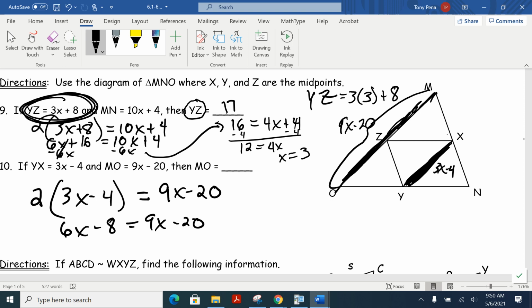Yeah. You get 18, don't you? Find MO. Here's MO. So let X be 4. What's, oh, I thought you meant Y. Yeah. You get 16, my bad. 16. Yeah, I thought you did. Because you would do 9 times 4 is 36, minus a 20, you would get 16 for the answer.